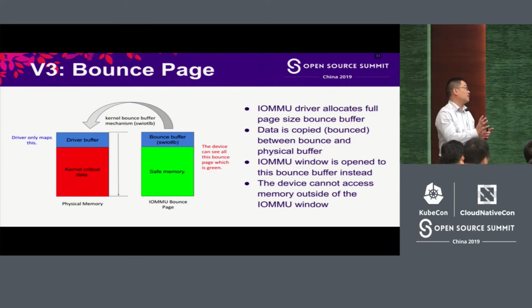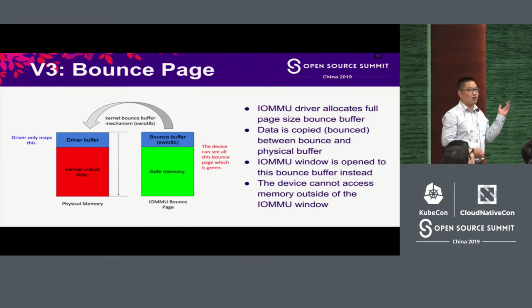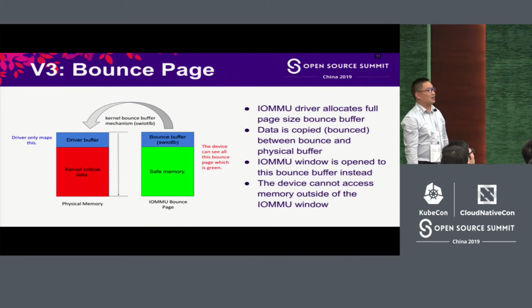So I don't know about your buffer mechanism, but the blue buffer is different from the red buffer. So all the device sees are the pages to the right. That includes the blue parts, the driver buffer. The green parts.